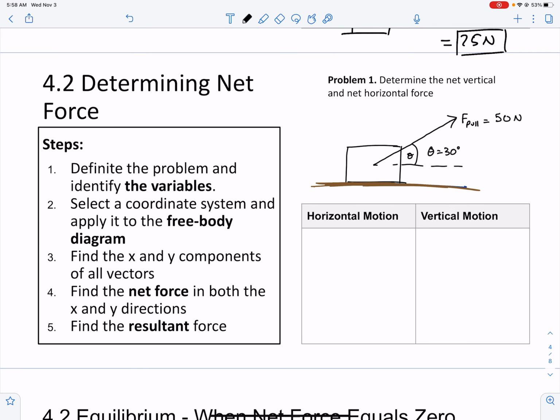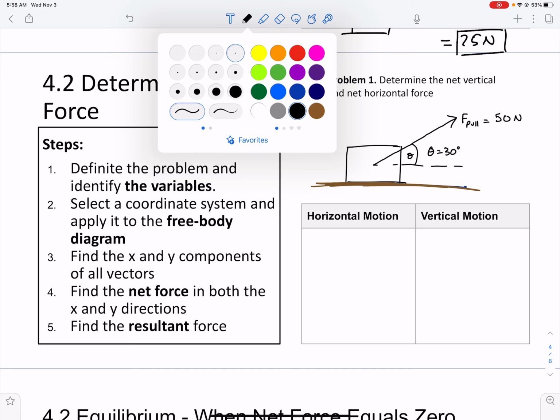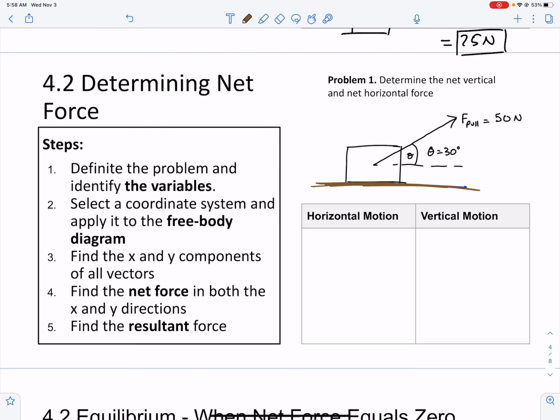Okay, so what if it was a little bit more complicated than that? If I had a scenario where, say, there were more than one force involved, right here we have the force of gravity, Fg equals m times g. We have the normal force, Fn, pushing up. We have the force of friction to the right. And what if I was told, Mr. Mellor, I need you to make sure that the sum of all these forces adds up to 0 so your bridge doesn't collapse.